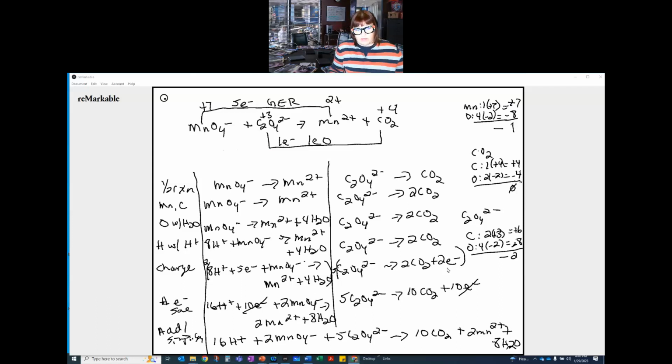Now notice, up until a point, we only work with these as half reactions, right? When we get to the point where we need to see whether we have the same number of electrons in both places, then we have to start looking at combining these two things. But what that means is that if I can find a reduction reaction, it's going to be balanced on its own. And so I can work with that.